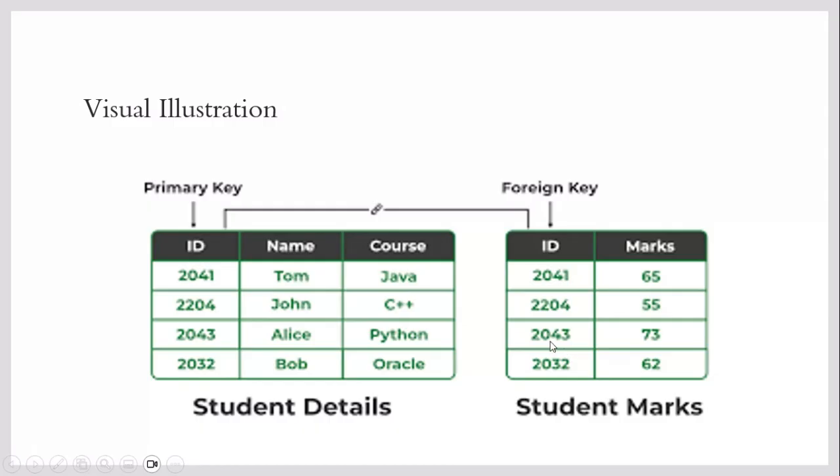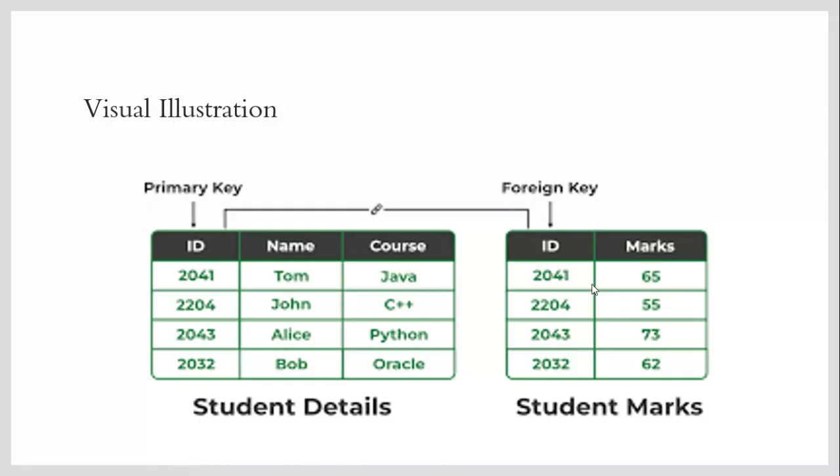Let me look for the name of the person. And then say, my own child is 2204 and this person is 2043. Maybe I should change this 2043 to my child's name. It is not possible. You can only alter the information from where the primary key is the primary key. But whenever it's acting as a foreign key in another table, you cannot assign a value to it. It's not possible.